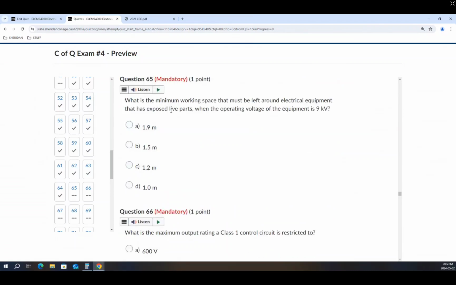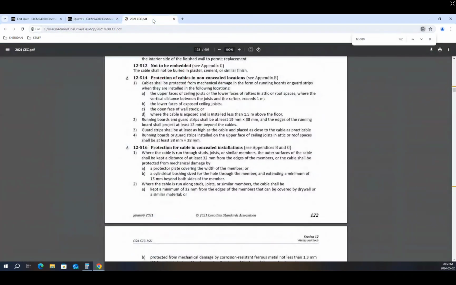Question 65. What's the minimum working space that must be left around electrical equipment that has exposed live parts when the operating voltage of the equipment is 9 kV?